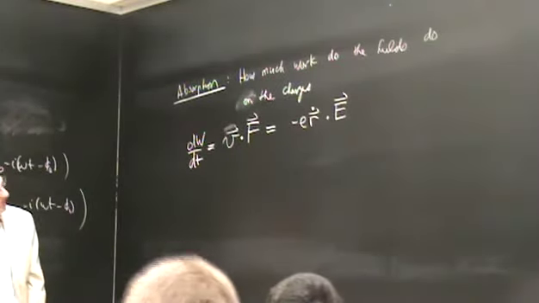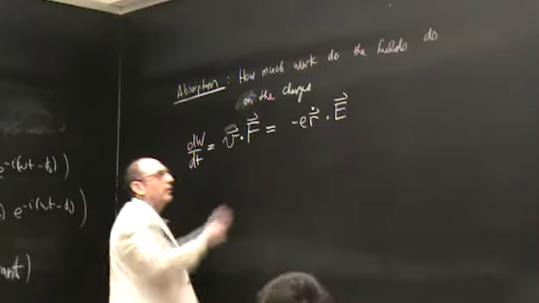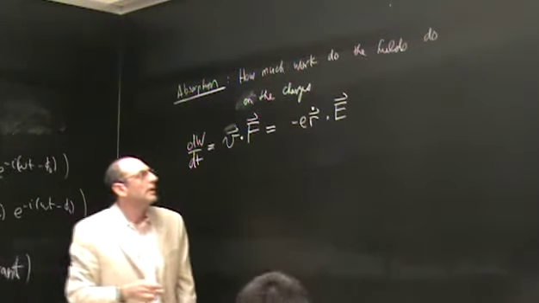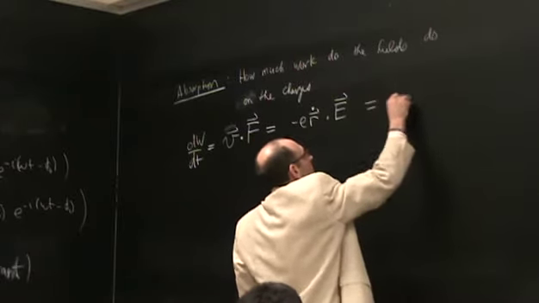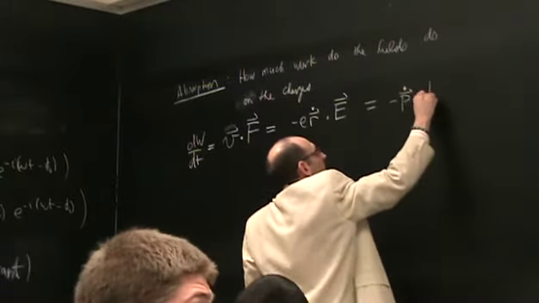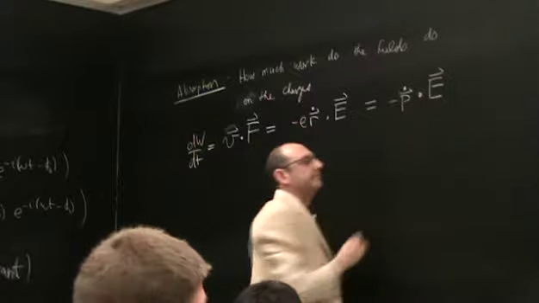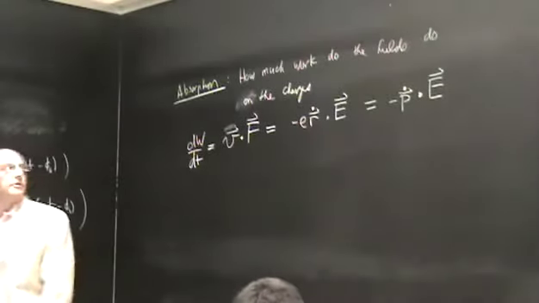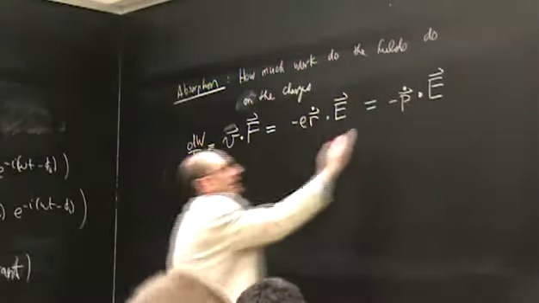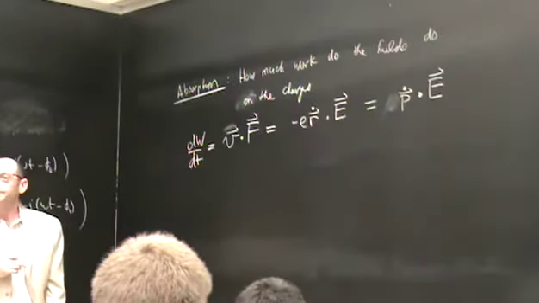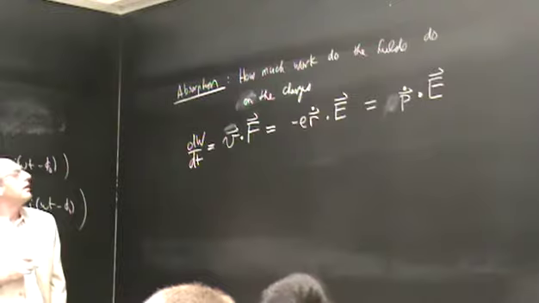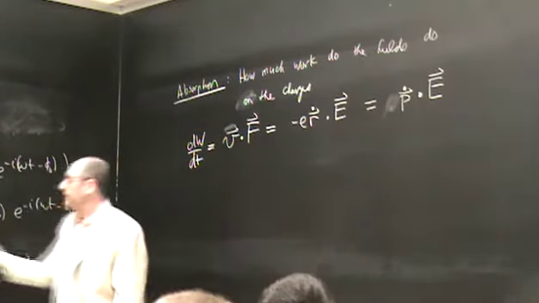Electron charge is minus e times the local electric field. So this is equal to P dot into the electric field. Now we can plug this in.